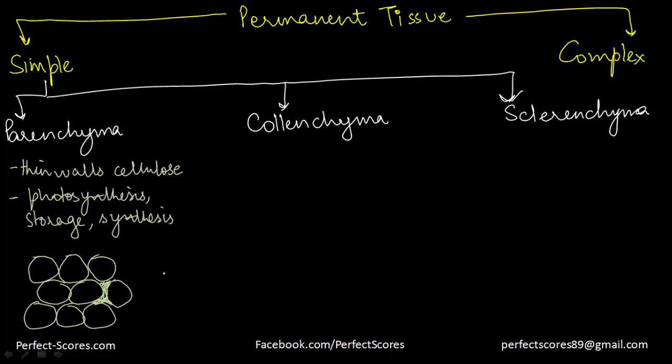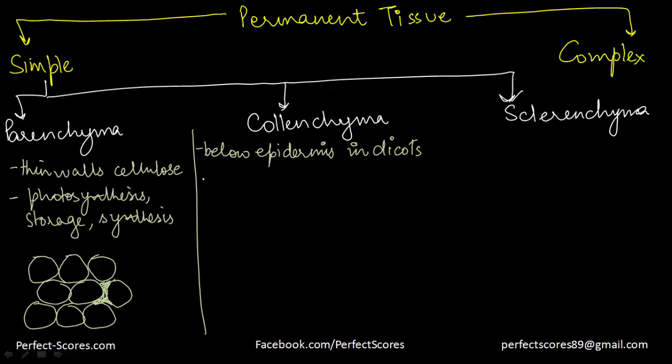Coming to Collenchyma, what you need to know about Collenchyma is that it's present in the form of a layer below the epidermis in dicots. Sometimes the collenchyma can exist in the form of one single homogeneous layer, and sometimes it can exist in the form of patches.